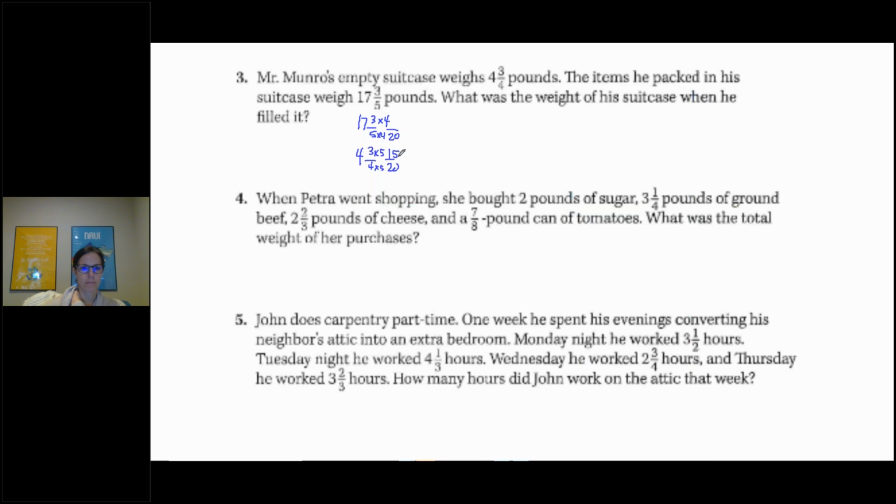Oh, wait. This is 12. Sorry, I didn't write the 12 down. You're right. 27 over 20, which becomes what?